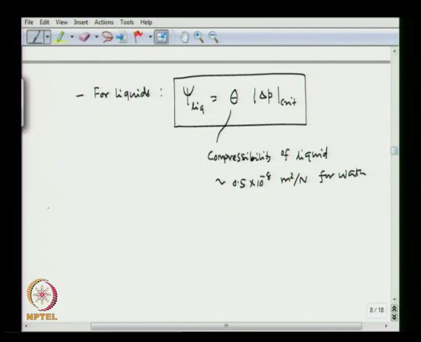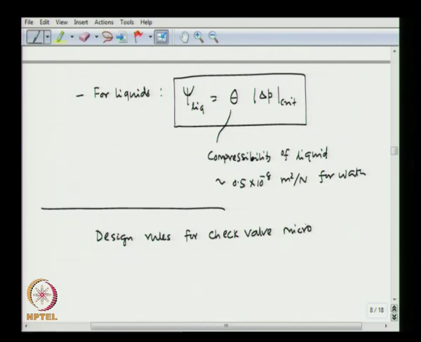Now, let us look at the design rules to design a check valve micropump. One important design rule would be that the critical pressure that is required to open the valve has to be minimum, and that can be achieved by using a more flexural valve or materials having small Young's modulus.